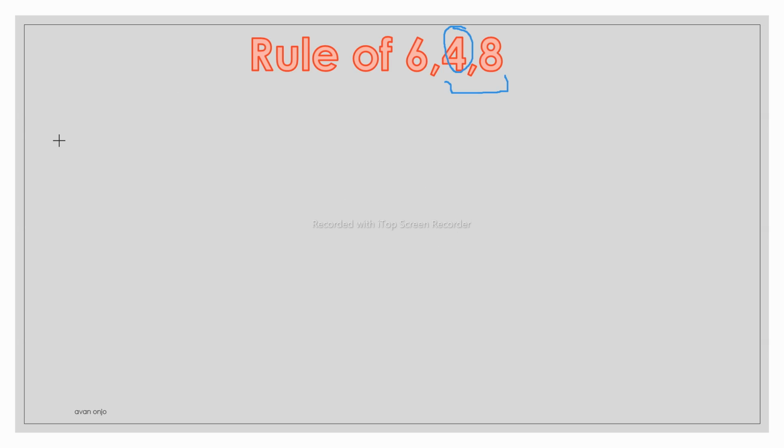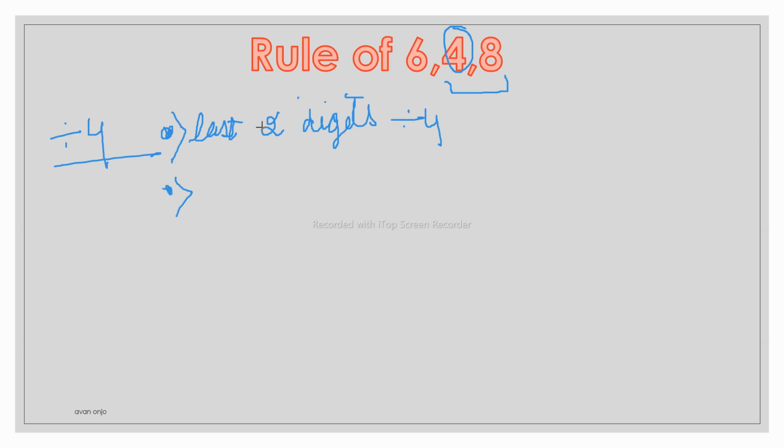So the divisibility rule of 4 is that the last two digits of a number should be divisible by 4. So this is one condition, and another condition is that there should be two zeros at the end. If either one gets satisfied, then it is going to be divisible by 4. In both cases it is going to be divisible by 4.